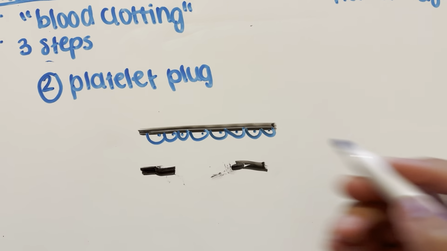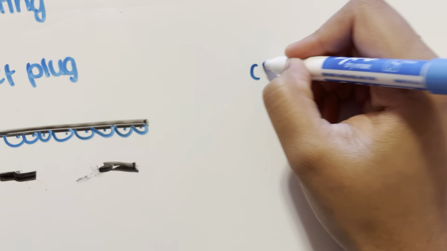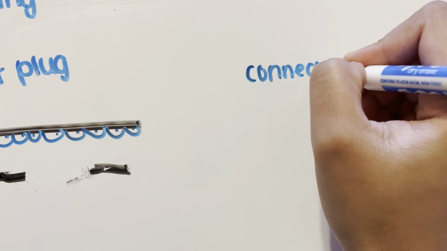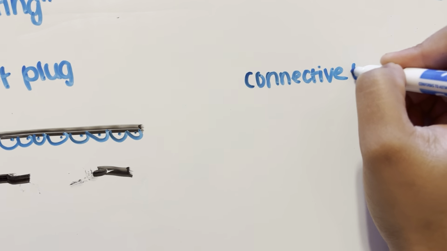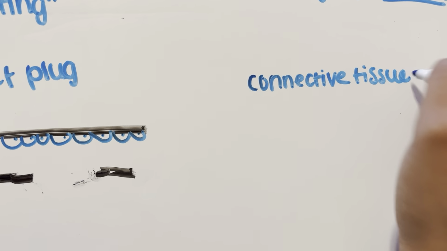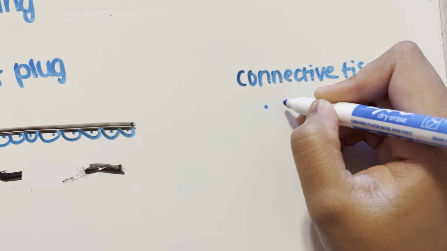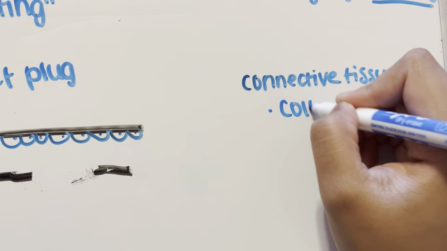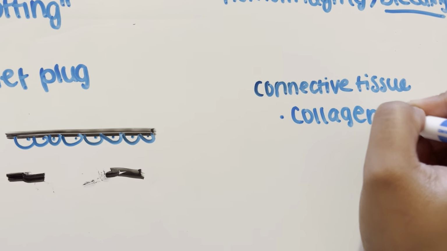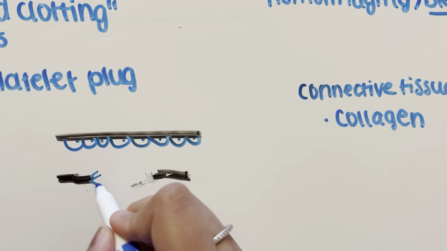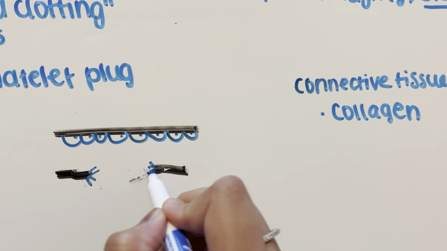And if you guys remember, connective tissue is very well known for the presence of what? Collagen. So basically, I'm going to have disrupted collagen strands right here.